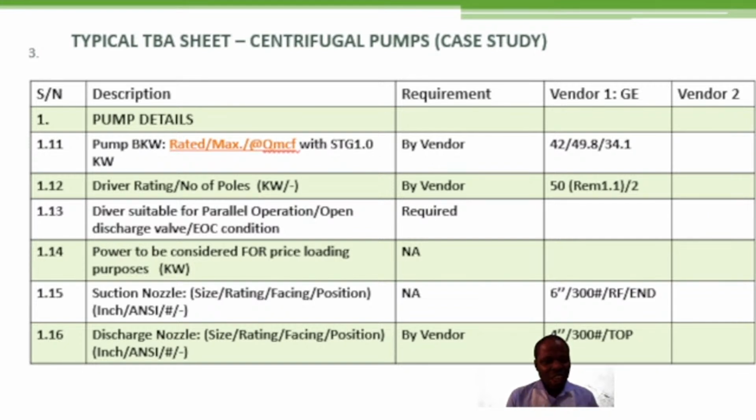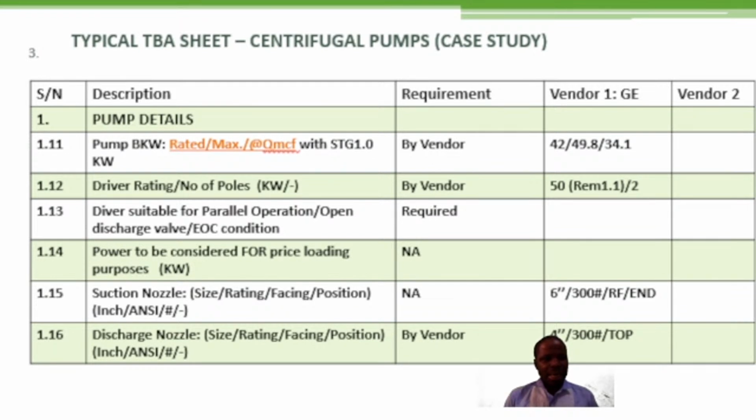What is the discharge nozzle size? What is the rating? What is the facing? The position? So these are the things that you have to list under the respective vendor, because it's a pointer in the end to finally decide on the vendor to go for.